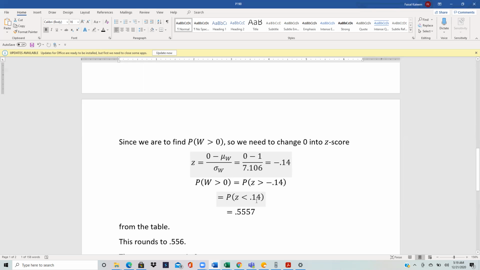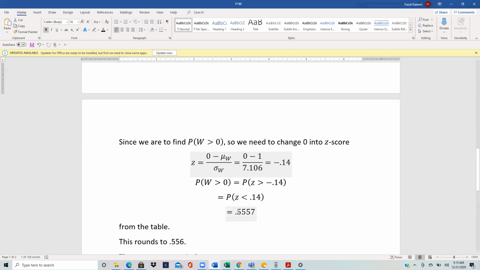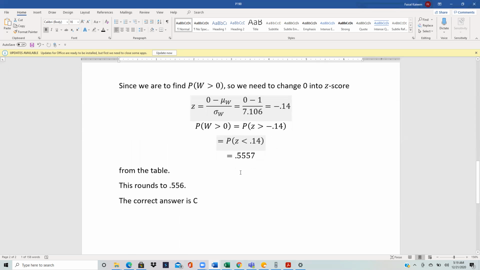And from the table, if you look for the 0.14, you get 0.5557. And all the answers are 3 decimal places, so this rounds to 0.556. So that is choice C.